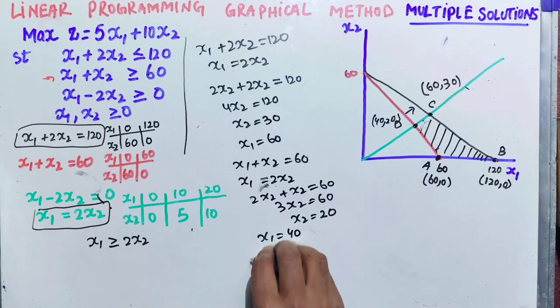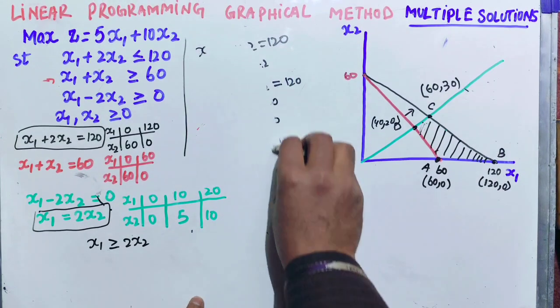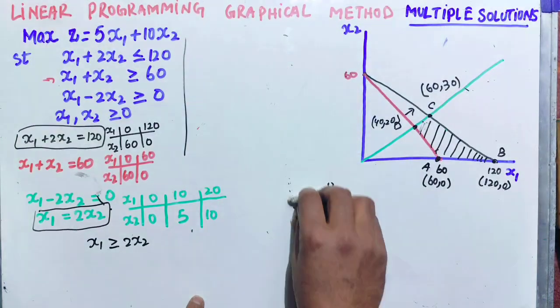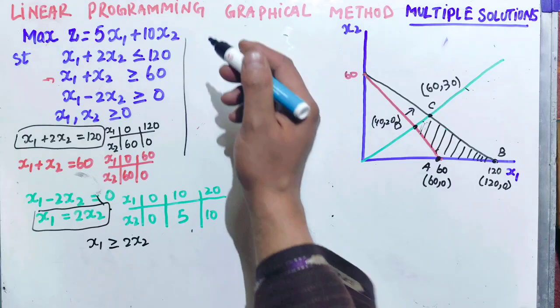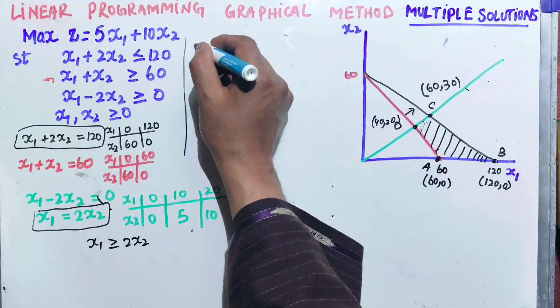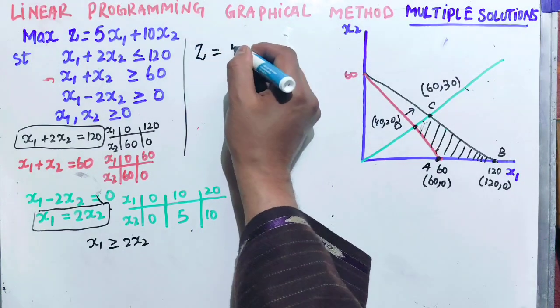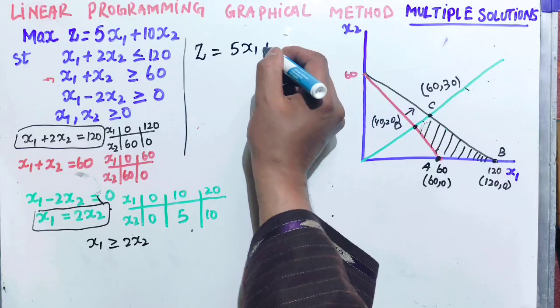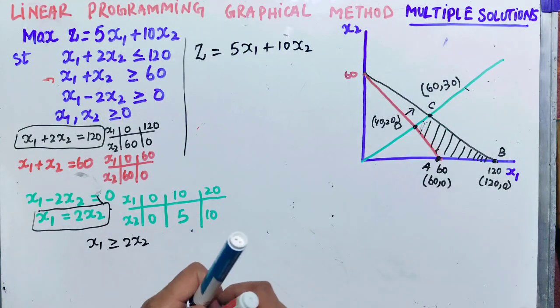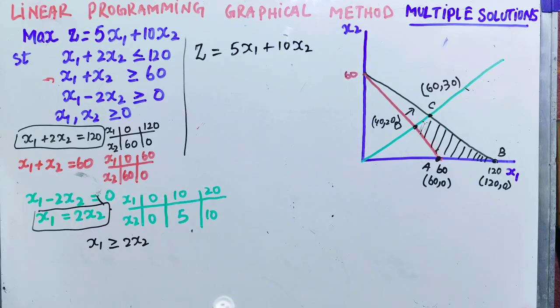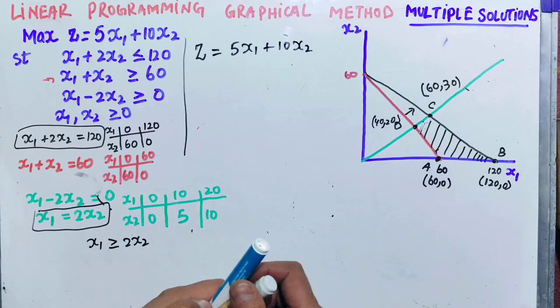Okay, now let me rub this out. Now we need to find out the optimal solution if it exists in this equation. So we have the maximization problem, z is equal to 5x1 plus 10x2. We evaluate the objective function at each of these points to see whether we have one unique solution or multiple solutions.